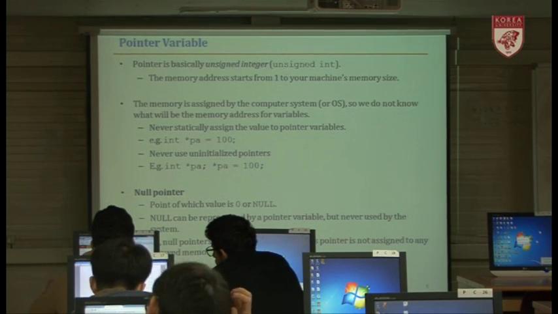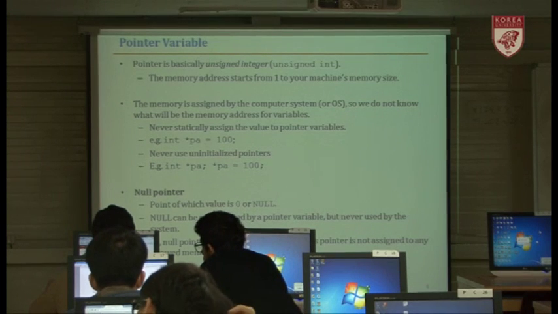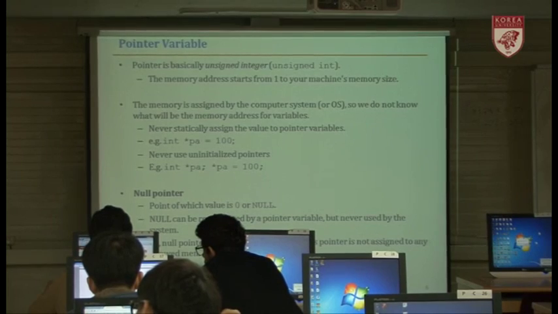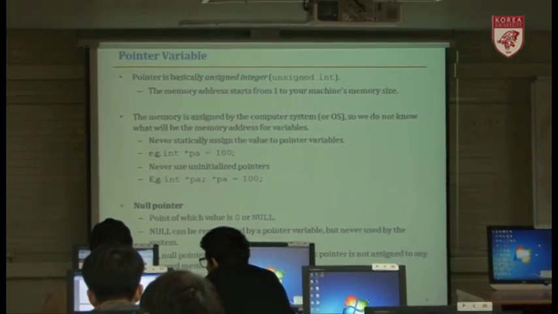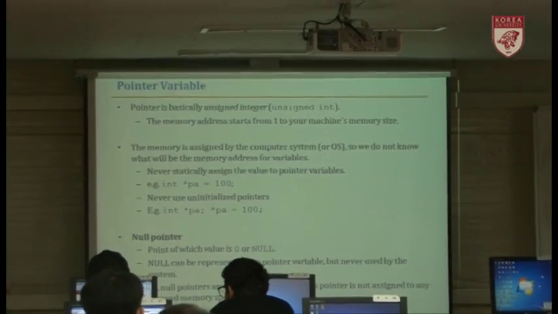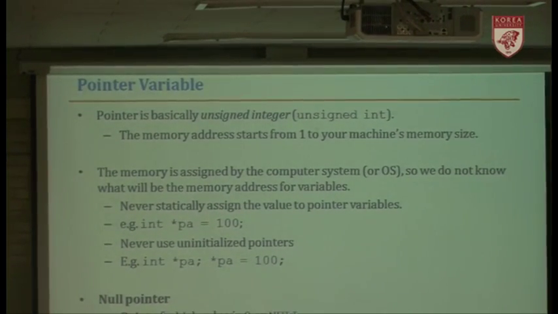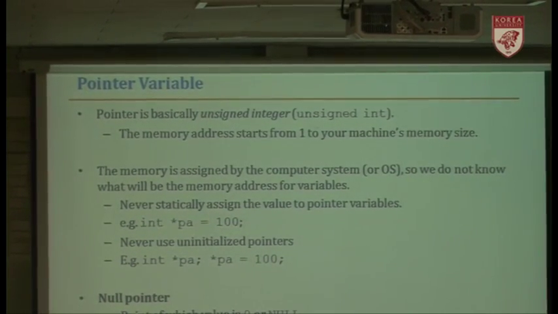Then let's later discuss more about the pointer variable. Okay. So pointers are basically unsigned integers, because the memory address starts from 1 up to the size of your machine's memory. So the pointer variable can be handled like an unsigned integer.